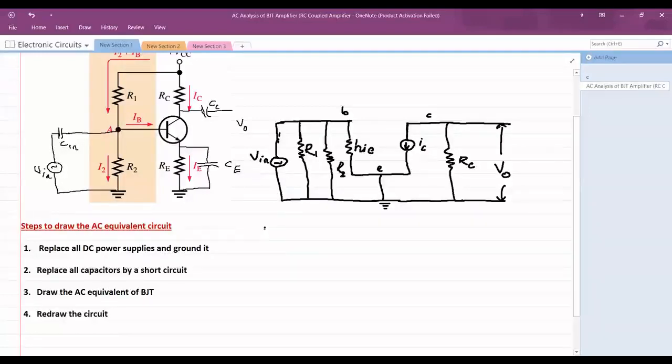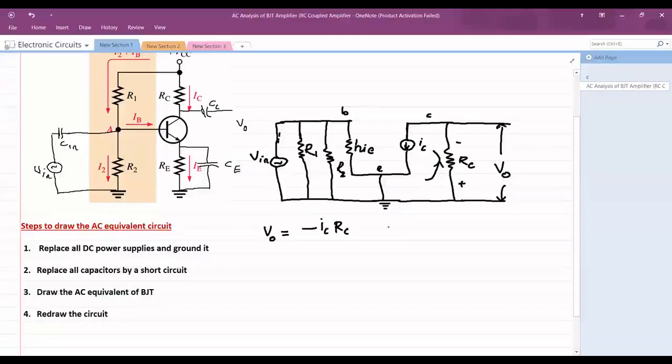So we need to find out the output voltage. Now look at the direction of the current flow. So the current is flowing in this direction. Therefore V0 is minus IC into RC. That negative sign is because the current is flowing towards the collector.